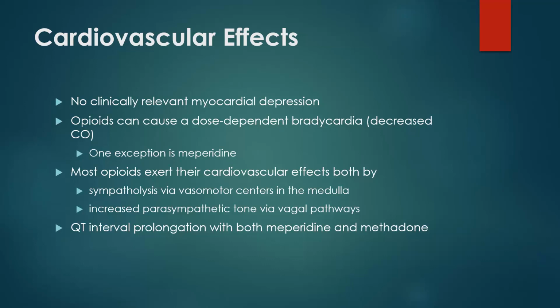Meperidine may also cause a decrease in myocardial contractility because it has a negative inotropic effect. But most opioids exert their cardiovascular effect both by sympatholysis via vasomotor centers in the medulla and by increased parasympathetic tone via vagal pathways. Don't forget the prolongation of the QT interval that can be seen with meperidine and methadone.